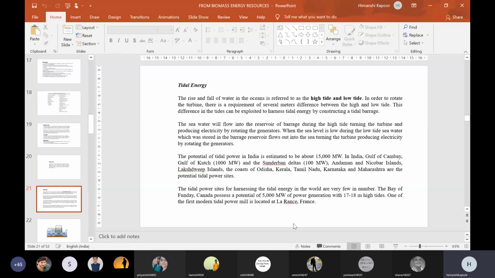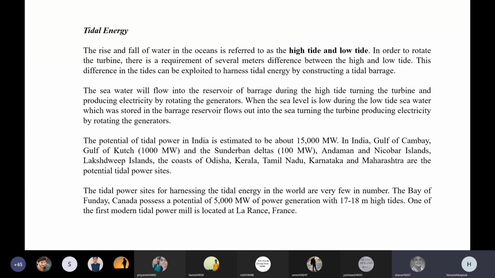How will you harvest this tidal energy? I'm using high tides. I guess during high tides, the water level rises, and then it is carried from high pressure to low pressure, and then it is used to rotate the turbine and generate electricity. Good. So here also the difference in the height of water is utilized.